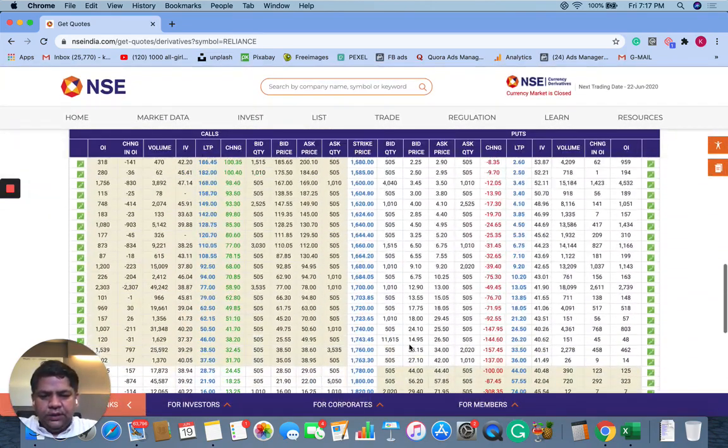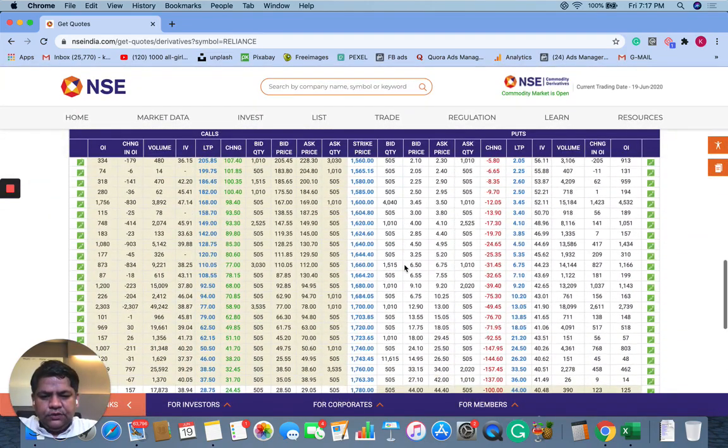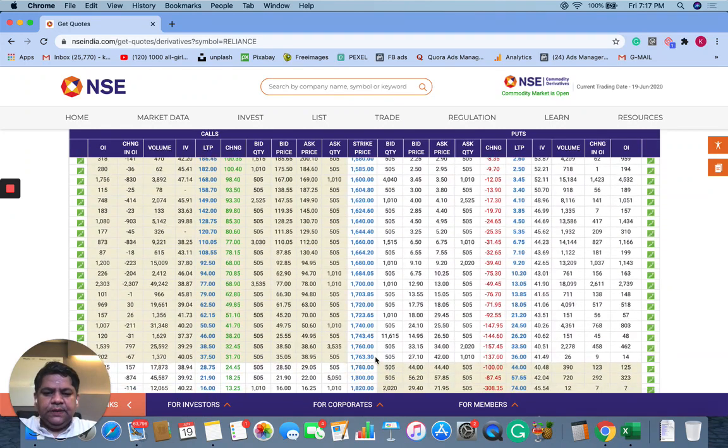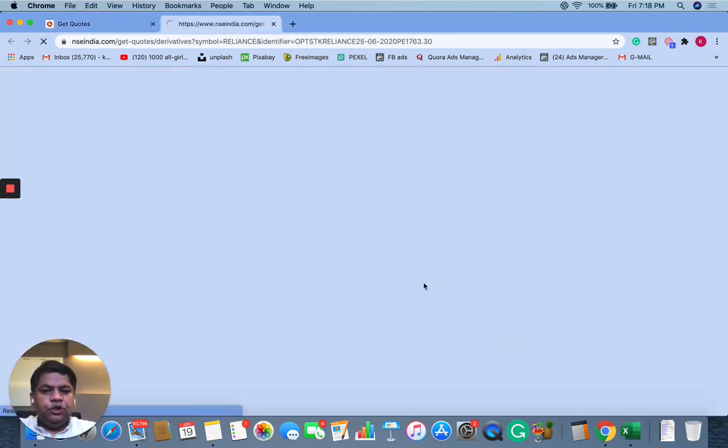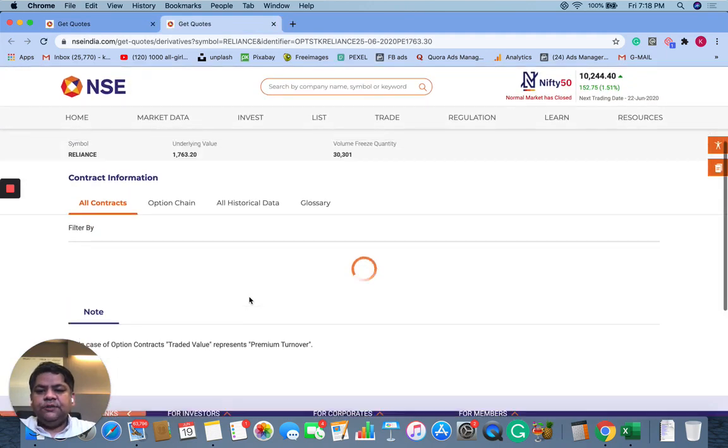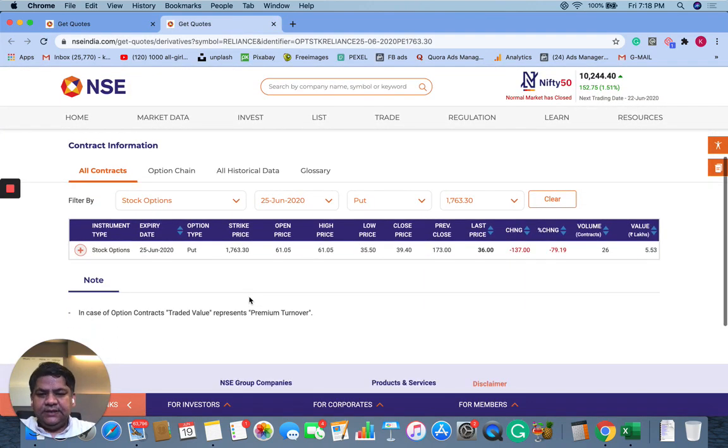1763.20 is one instrument which is already there, 1763. So this is the strike price. In this case, if I really don't want to make any huge loss tomorrow, because tomorrow is the expected result of Reliance for assumption, then I will buy a put option of strike price 1763.